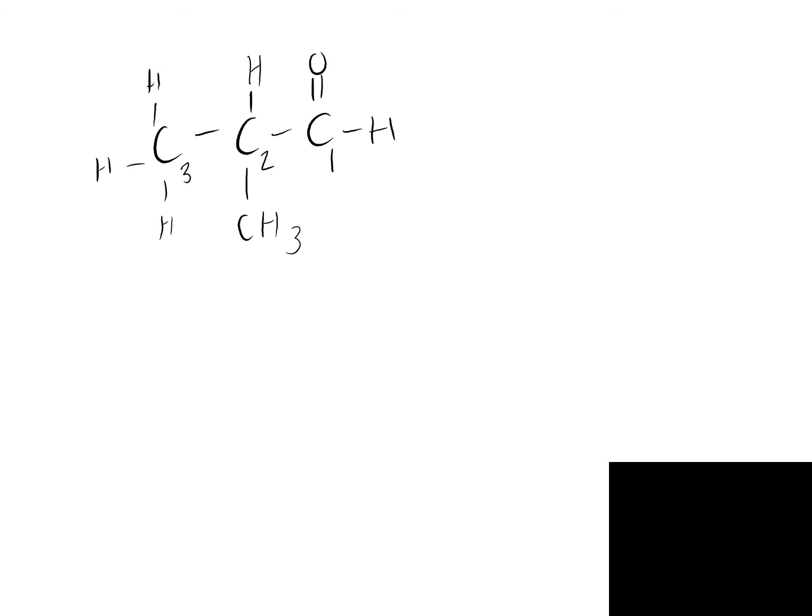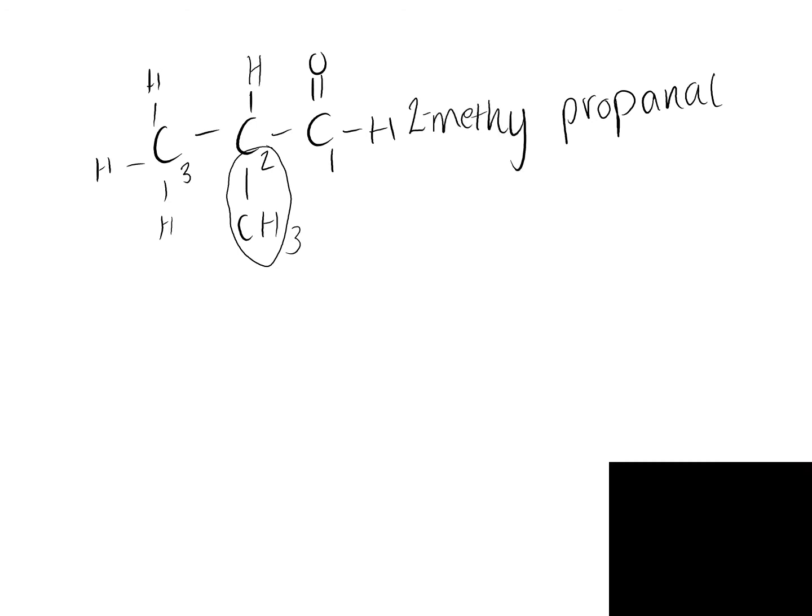We've got 3 carbons in our longest chain, so it's going to be propanal. We've got 1 branch on carbon 2, and 1 carbon in that branch, so it's going to be 2-methylpropanal.